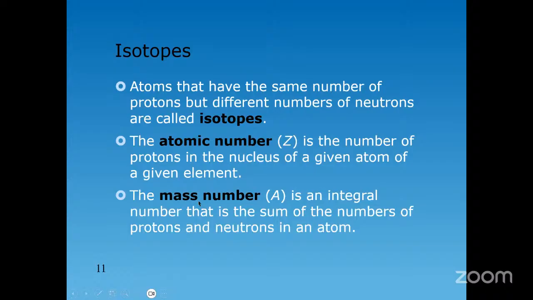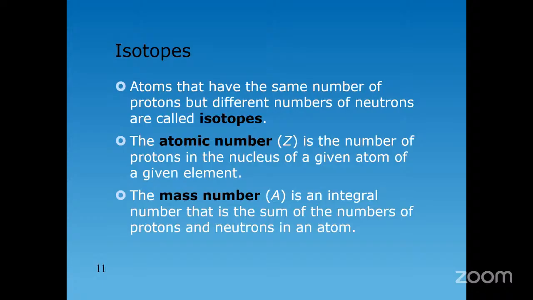The mass number is different. Mass number, by definition, is the sum of the numbers of protons and neutrons present in the nucleus of an atom. Now, the mass number itself does not define an atom. It will define an isotope, but does not define an atom of an element.